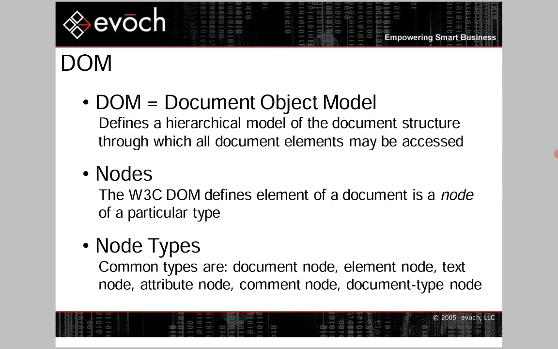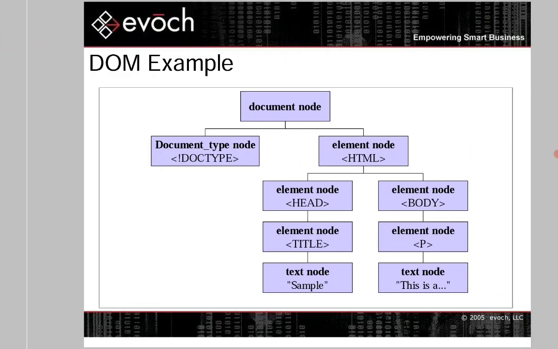By using the DOM, we can access each and every element of an HTML page, and by using various nodes we may write document object model programming. Common types are document nodes, element node, text node, attribute node.